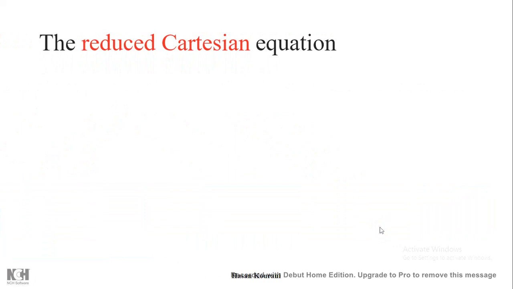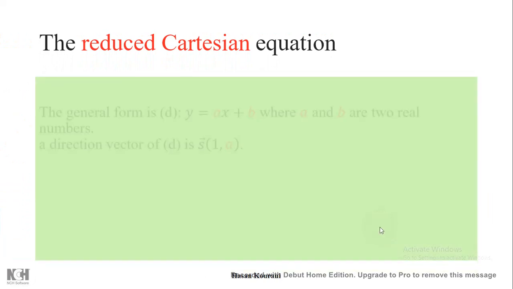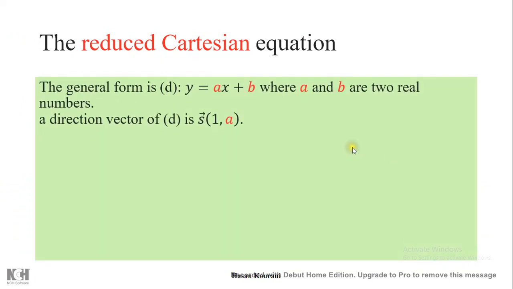The first form, the reduced Cartesian equation, which is familiar to us, is y = ax + b, as we said before, where a and b are two real numbers. Now, the coordinates of a direction vector of D, in an orthonormal system, are just (1, a).